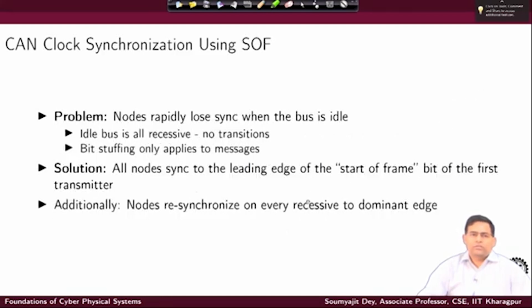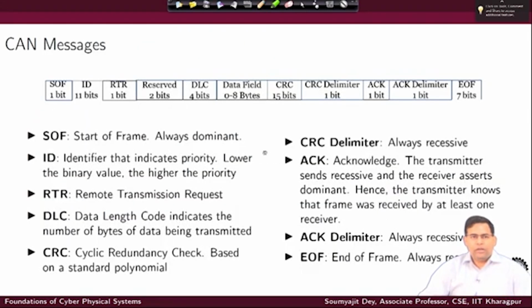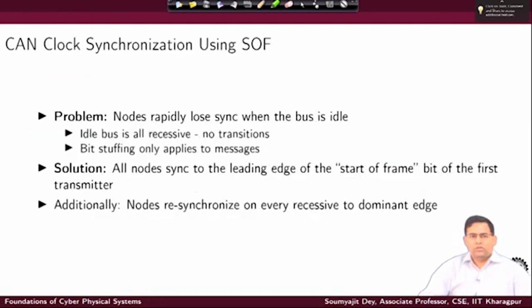So the nodes will also resynchronize on every recessive to dominant edge. If you see, the start of frame is always dominant, and dominant means there is a positive voltage difference that would get created, right? So that is a signal which is used for the nodes to get synchronized and mark the start of a transmission cycle in the system.